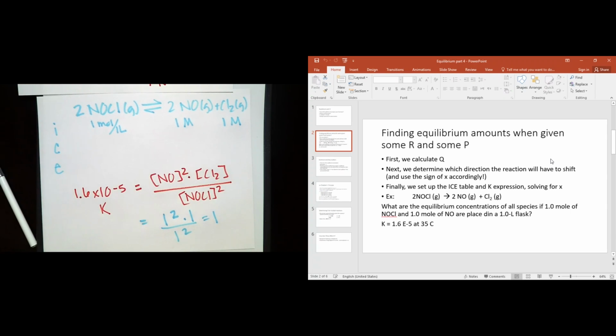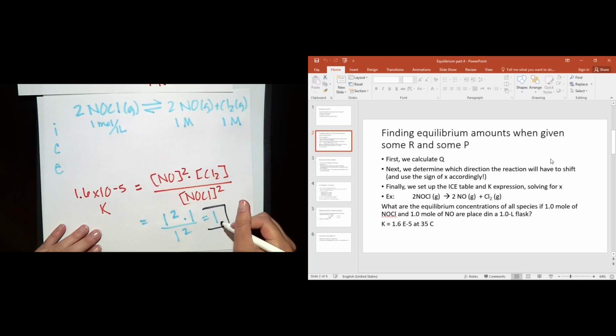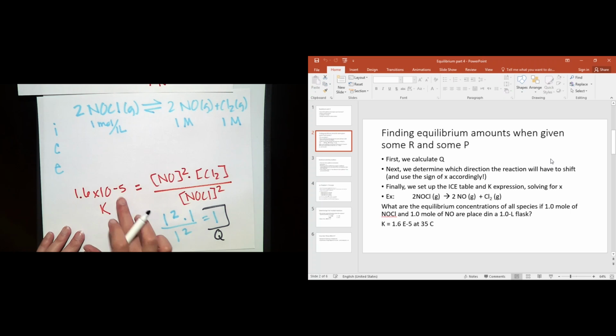That's pretty nice. Okay. All right, so this is Q, and it does not equal this value of K. So now we have to determine, is K greater than or less than Q? So this is Q. This is the number you get when you plug in any random amount. K is less than Q.